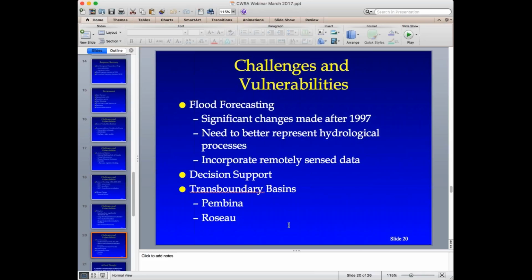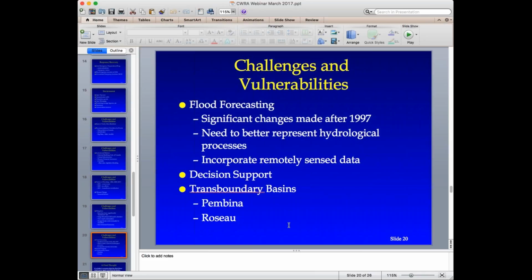to a much greater extent than are currently in the flood forecasting models. That includes things like getting a better grip on antecedent precipitation, managing snow and blowing snow, and dealing with the energetics of spring breakup or spring runoff, just understanding that whole question in much more detail. And then there are opportunities as well now for incorporating remotely sensed data.